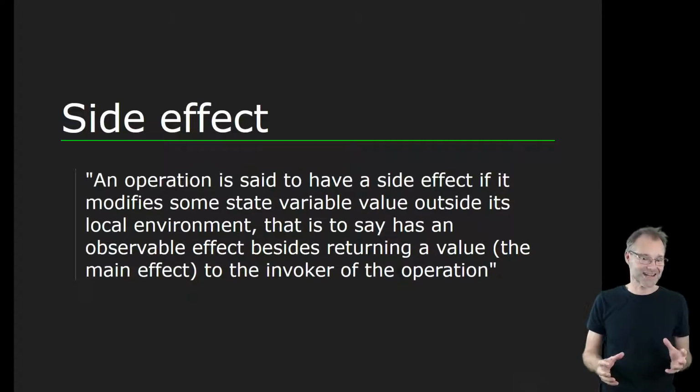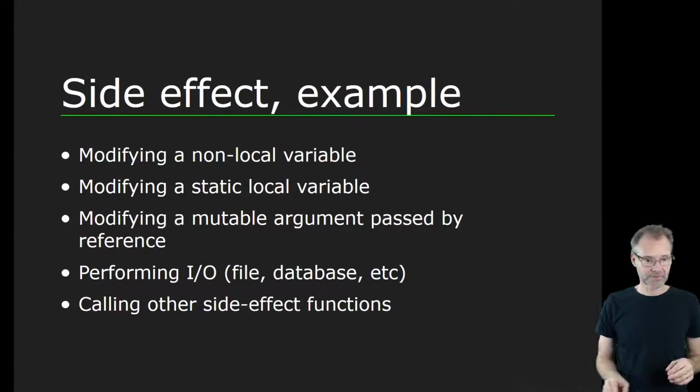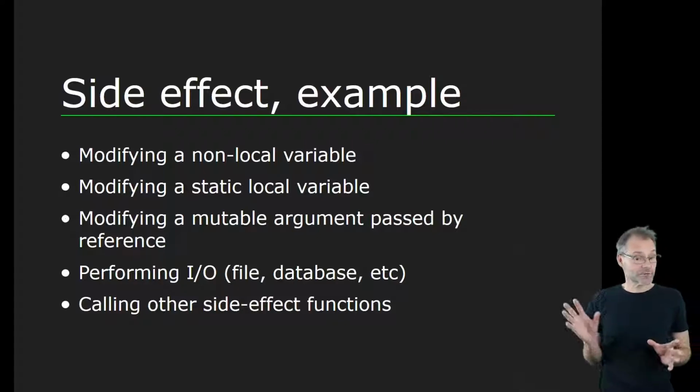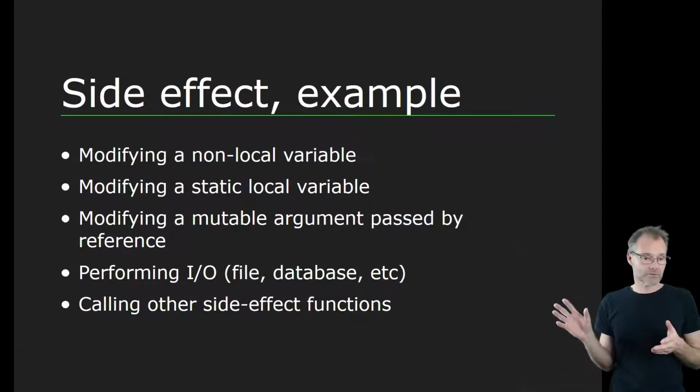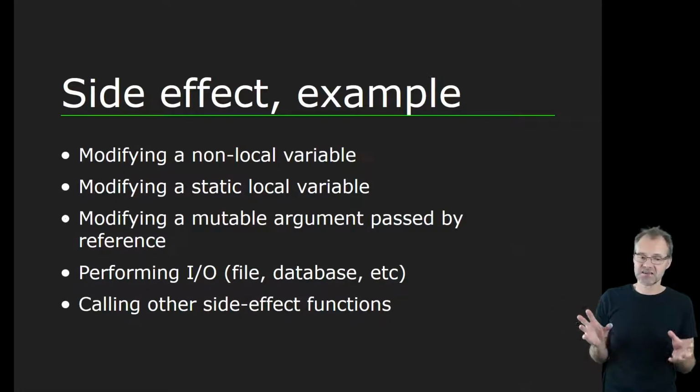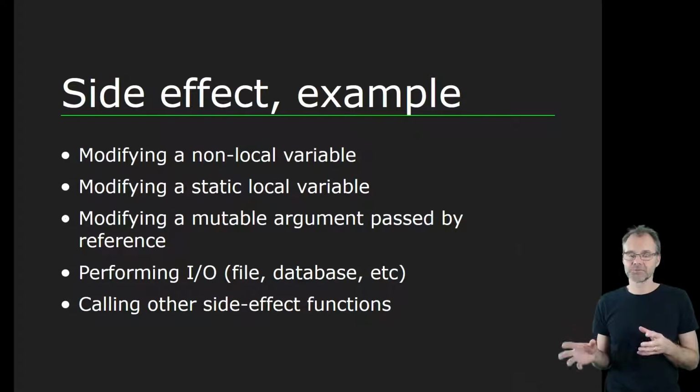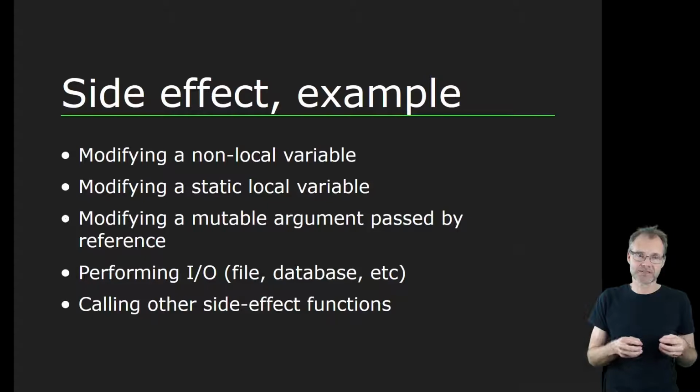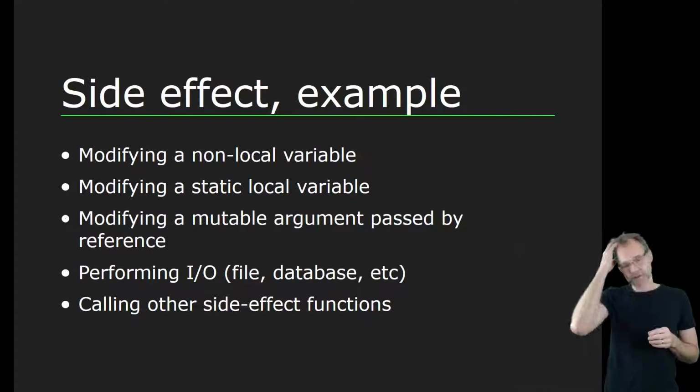So that is a side effect. Some examples of side effects would be modifying a non-local variable, as I said, a global variable. Modifying a static local variable. A static local variable is a variable that keeps its value between function calls. It could be modifying a mutable argument passed by reference.